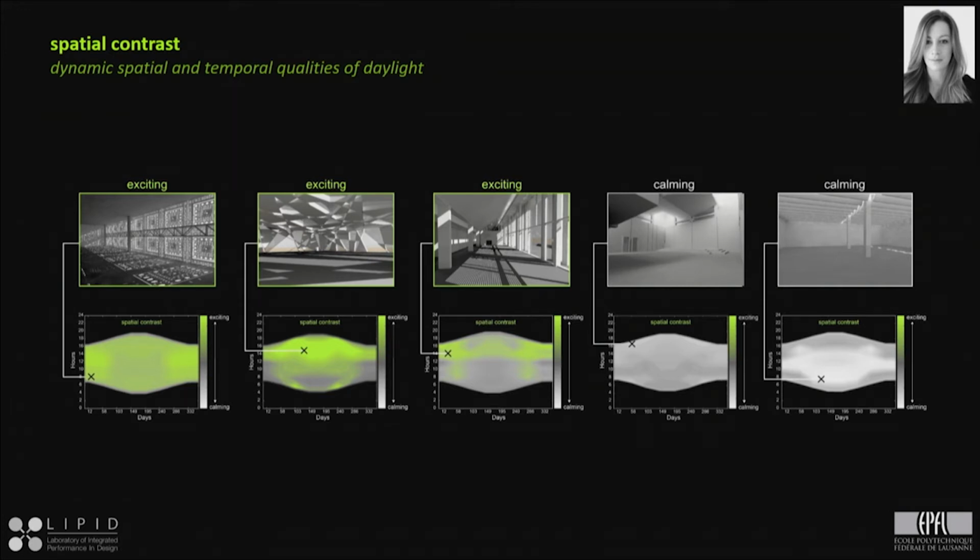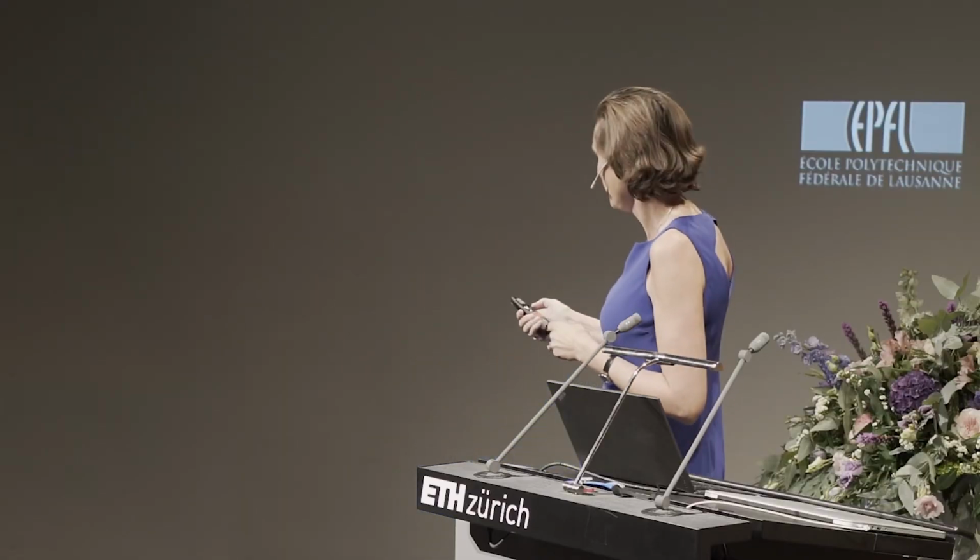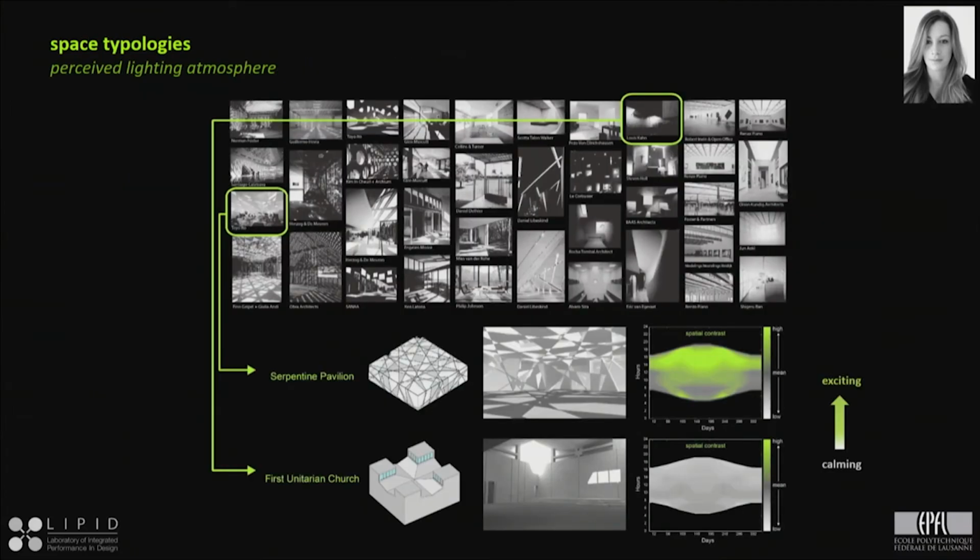However, and this is of course desirable, there will be a much more calming environment in the church or the museum. And so the idea here is to try to make a connection between contemporary architecture scenes, daylit scenes, and try to look at them from the perspective of how much of this contrast is happening in these scenes.